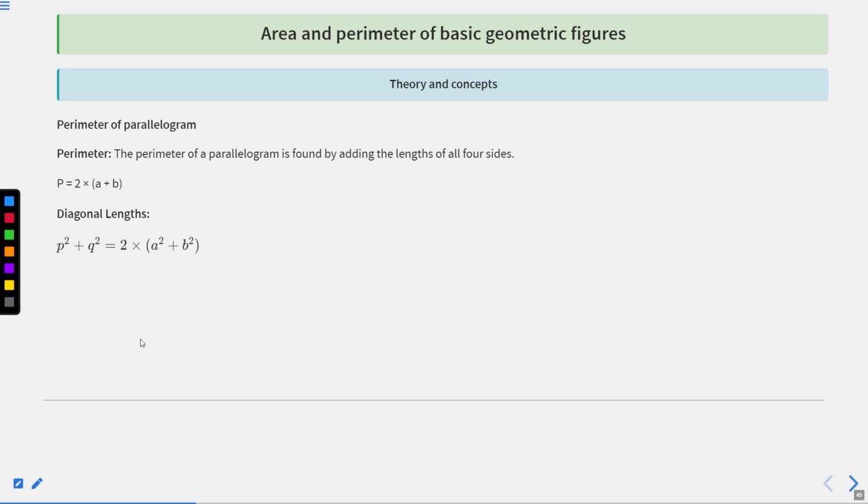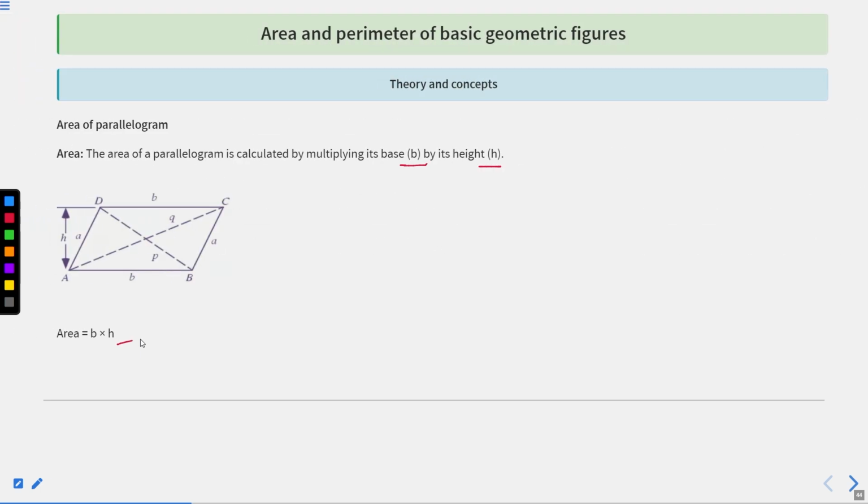Perimeter of parallelogram, same thing again. If I am standing here, and this is side of length B, this is side of length A, this is side of length B, and this is side of length A. And if I'm standing at point D and I march to point C, how much distance did I cover? B. And if I'm standing at C now, then I move towards B, I covered B plus A distance. And from B, I go towards A, how much distance did I cover?